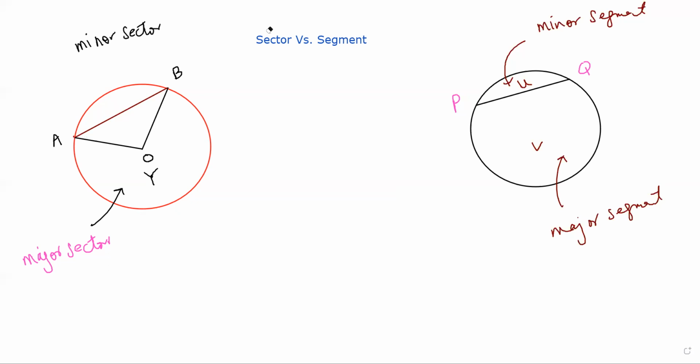Acha. Now, look at the minor sector OAB. Within the sector, there is the segment. Like if I shade this, this is the segment over here. So all of this, let me shade this as yellow. Now the yellow region is representing a sector and the brown shaded region is a segment.